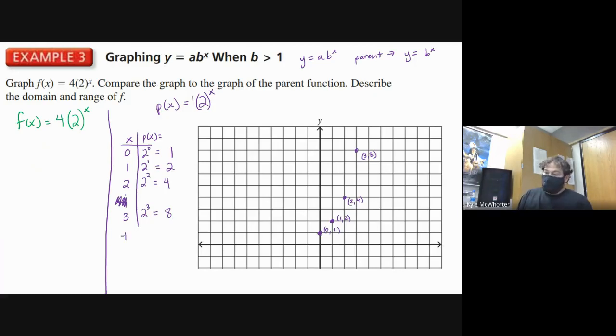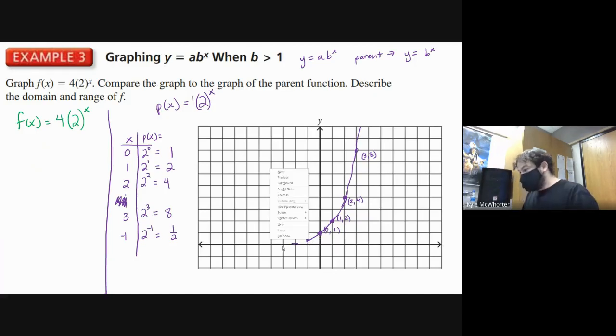If we were to do a -1, that would be 2 to the -1 power. The negative says do the reciprocal, so this is 1/2. So -1, 1/2. It looks like our parent function goes like this. Hard to draw sometimes. Then on this side, it just gets really close to the x-axis.